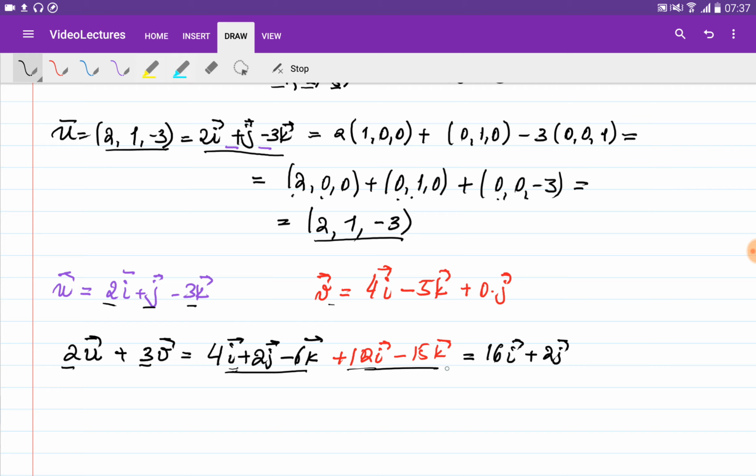And minus 6k plus minus 15k is going to be minus 21k. So the vector 2u plus 3v can be written as 16i plus 2j minus 21k, or with a 3-tuple we can write this as 16, 2, minus 21.